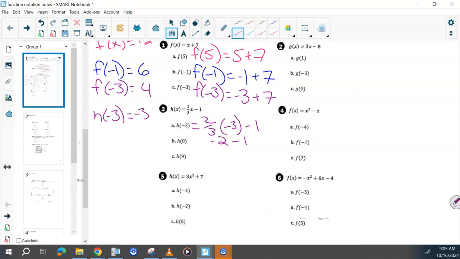Questions on that before we do part B and C? Okay, so same process, but now we're using different numbers. So h of 0, put in 0 where x was. 2/3 times 0 would give me what? 0. So h of 0 is what? Negative 1.